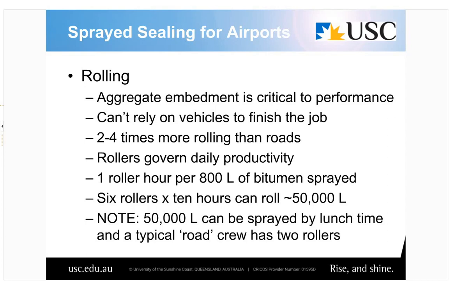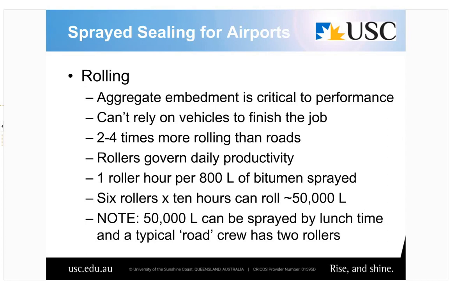The important thing to note is that a typical spraying operation can spray 50,000 litres of bitumen sometime between morning tea and lunchtime. So the sprayer will be finished at lunchtime and he'll be very tempted to want to keep going.